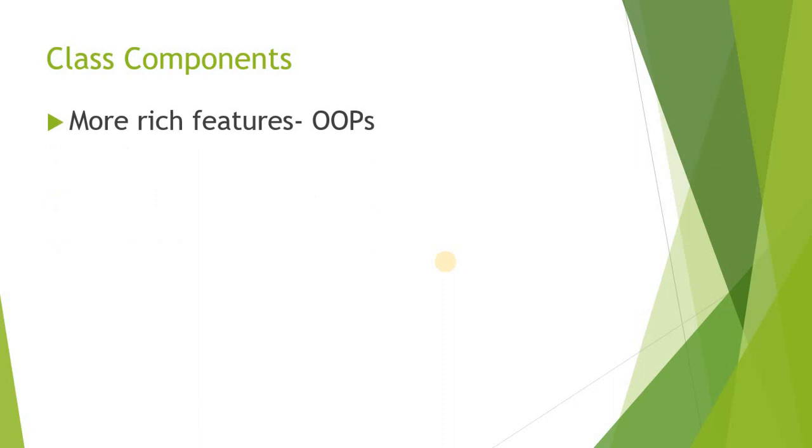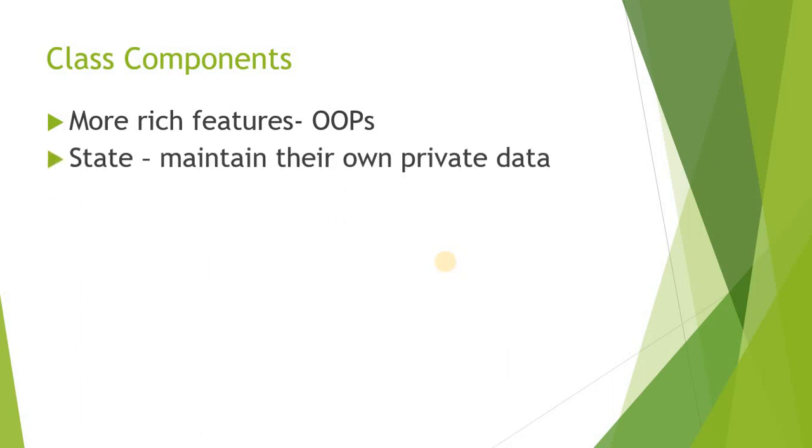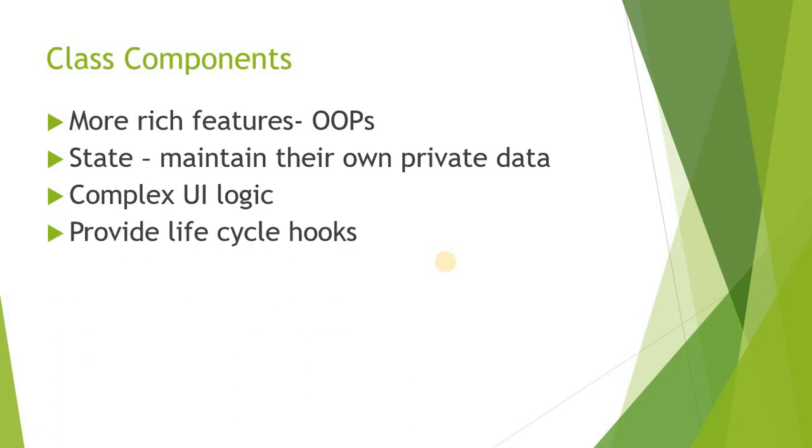Now class component, basically a class component is just an ES6 class. It contains rich features like object oriented programming, because you are using a simple class, so you can use OOPS concepts as well. A class component can contain its own state in which you can manage your data in a private manner. You can also define complex logic in it using different features of OOPS as well.